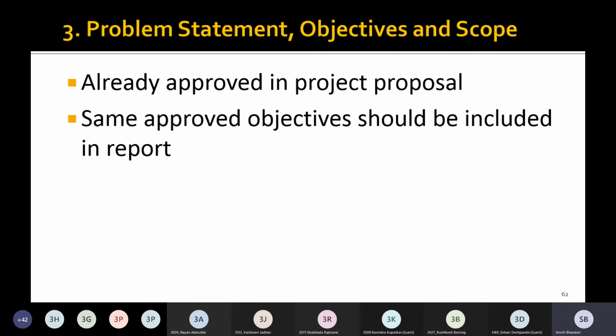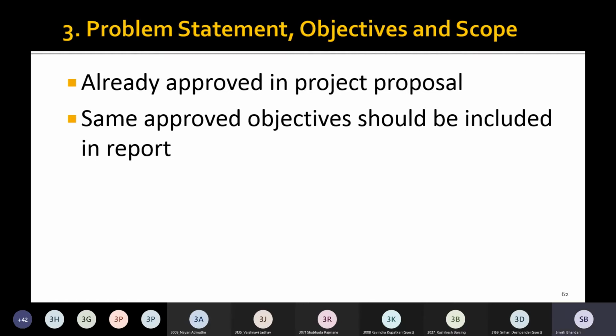So you should use the same approved objectives to implement your project. There should not be any deviation in the objectives. Whichever objectives are approved through your project proposal, the same objectives you should include in your report, and the same objectives you should use to develop your project.